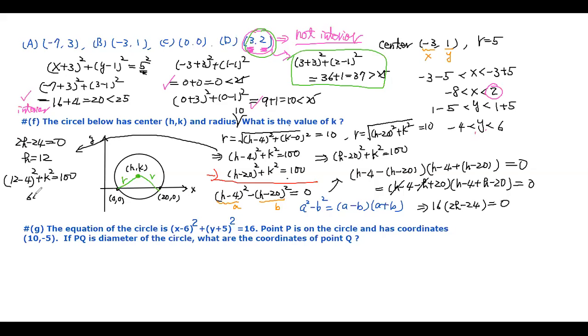So 64 plus k squared equal to 100. So k squared equal to 36. So k equal to 6, right? So I know my center here. What is my center here? It will be 12 and what? 12 and 6 here. All right. So for this problem here, we use the what?